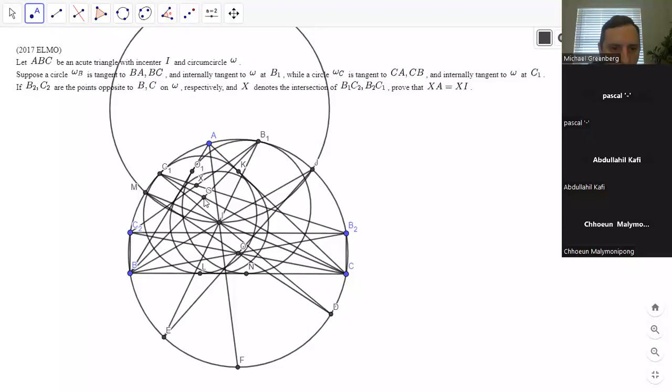And then maybe we could show GX. So C1, C2B. Yeah, can we just use Pascal? Let's see.